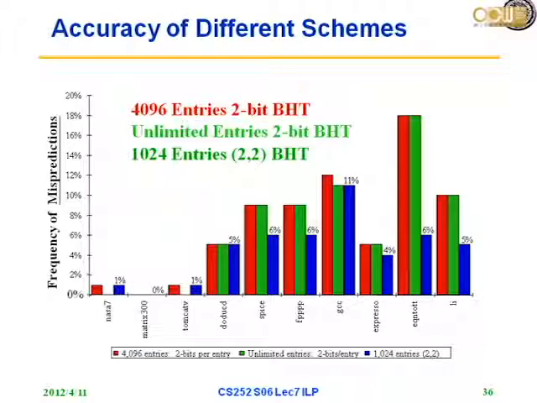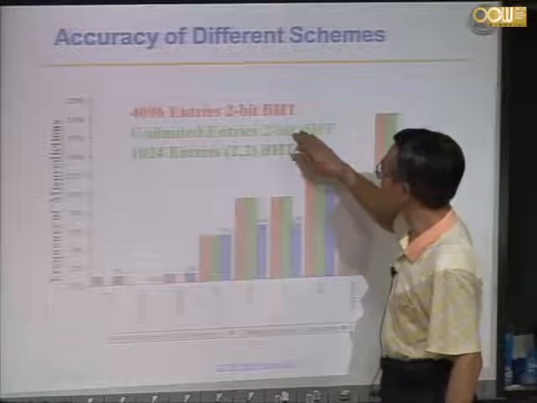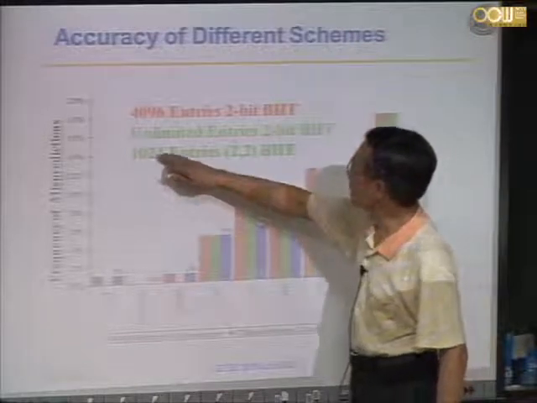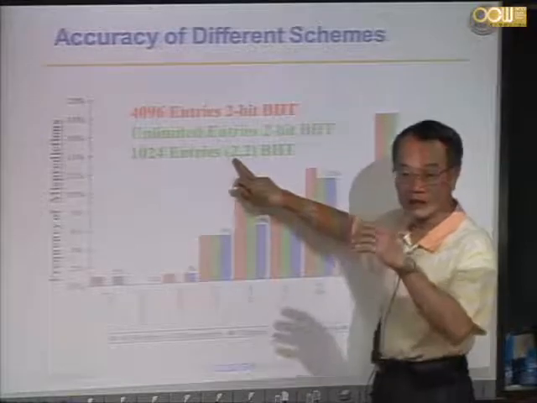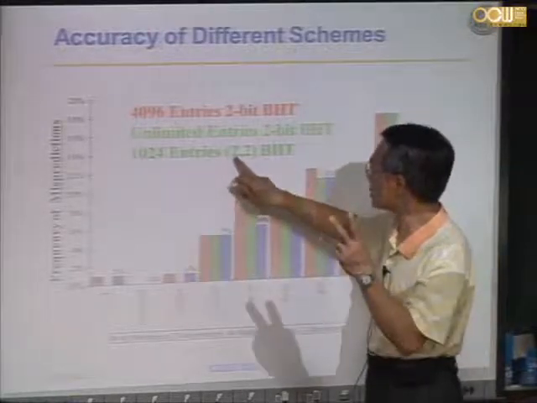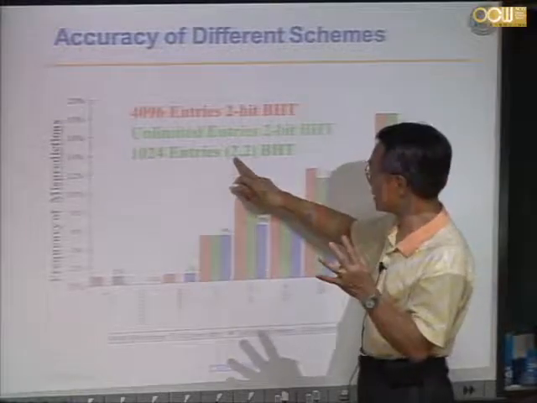Okay, accuracy of different schemes. We have so many entries, only 1 predictor table, or unlimited entries, or so many entries, yet we trace back 2 branches. So in other words, we have 4 such tables, okay?